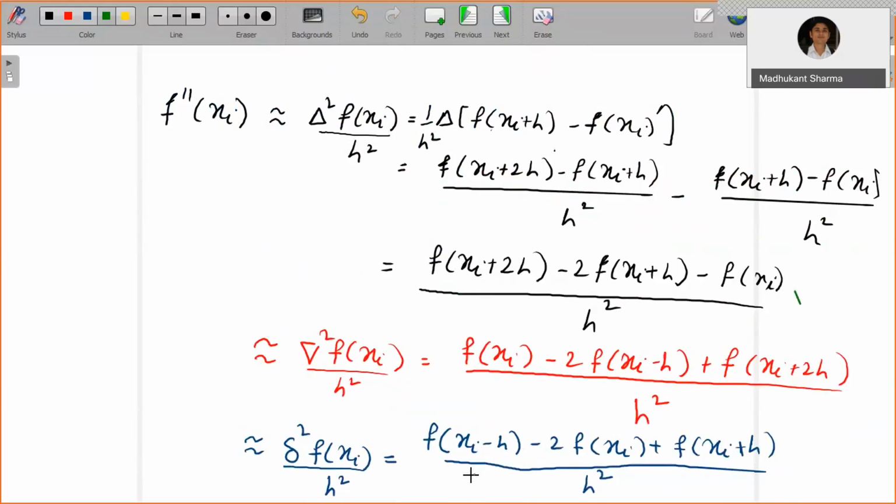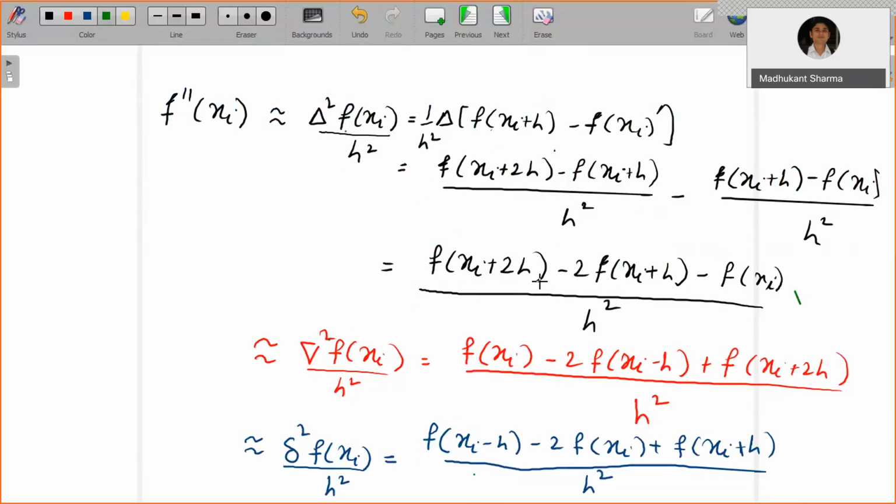These are the expansions using the forward difference operator 2 times, backward difference operator 2 times, and central difference operator 2 times about the points xi minus h and xi plus h. You just write down the steps and you can get these results easily.